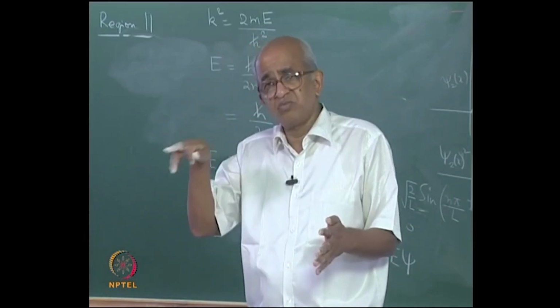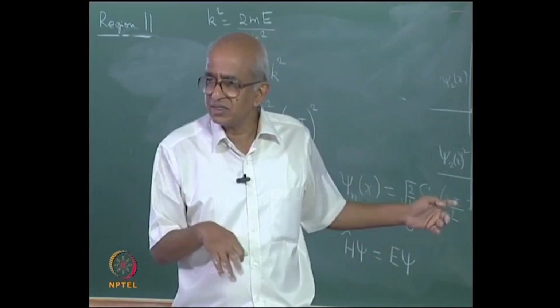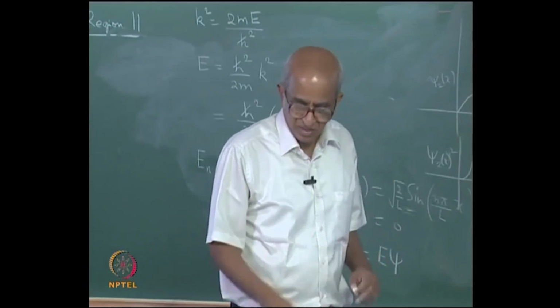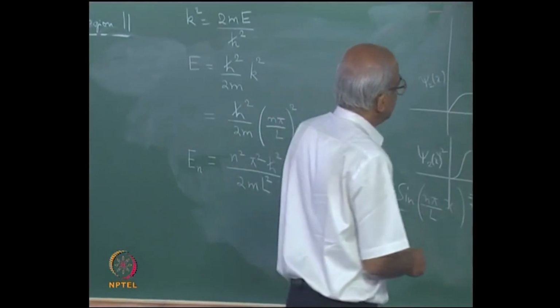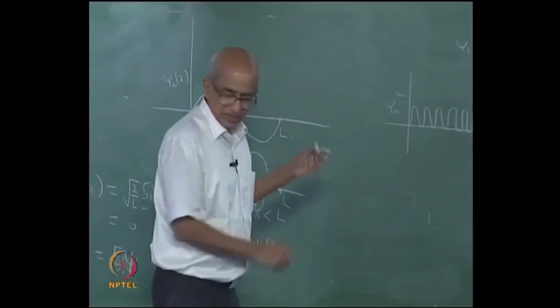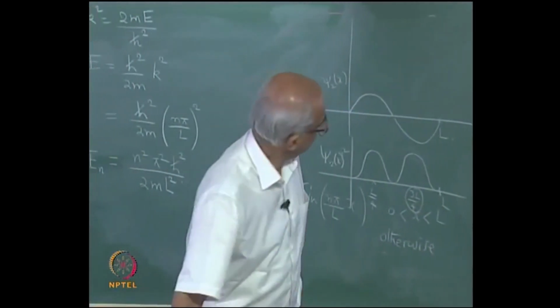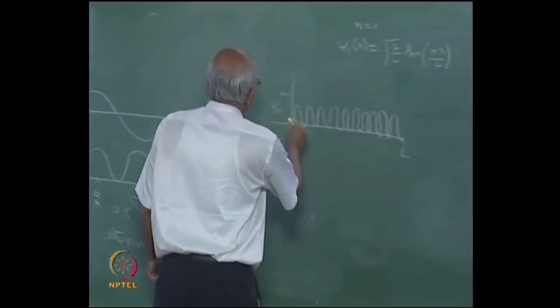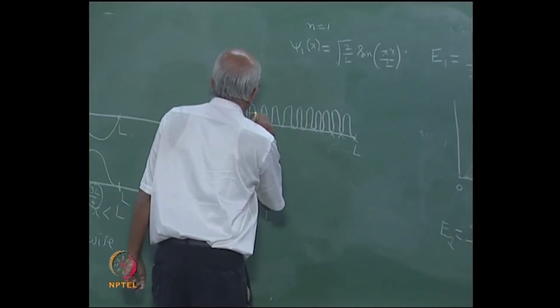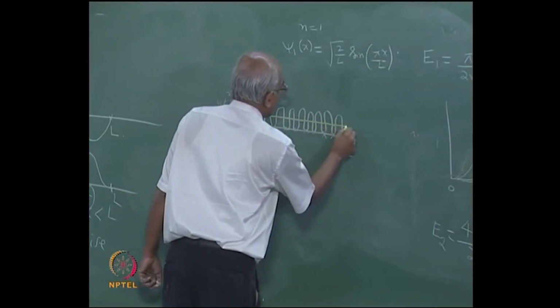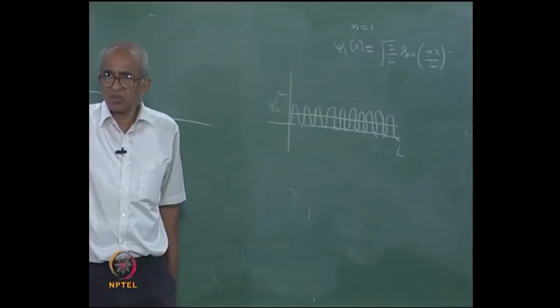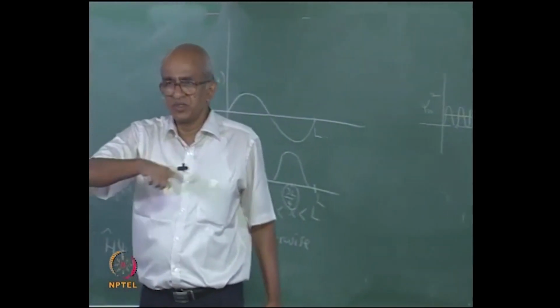So, if I plotted that classical probability as a function of position, what would I get? I would get a straight line, something like that, correct, because the probability is the same, it does not depend upon position.